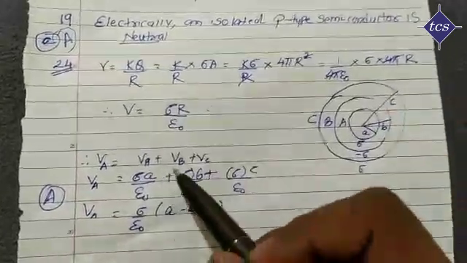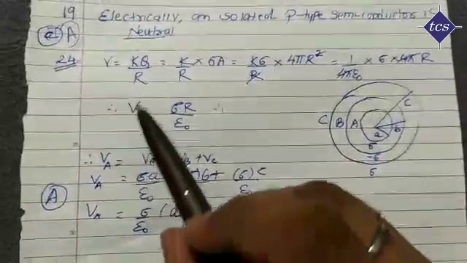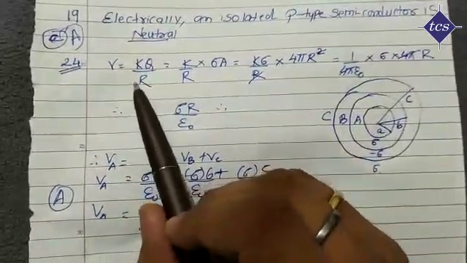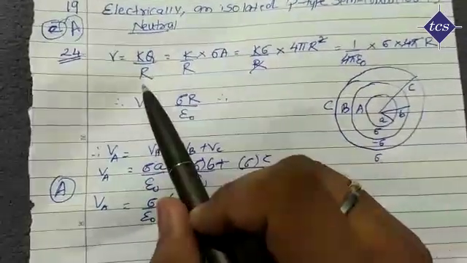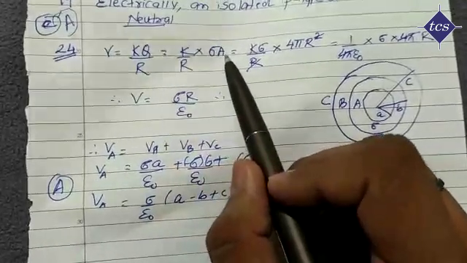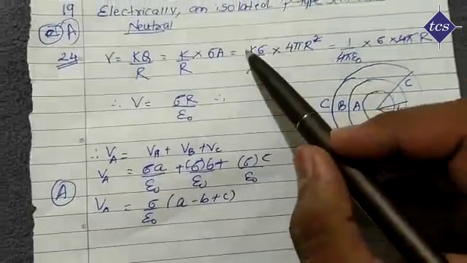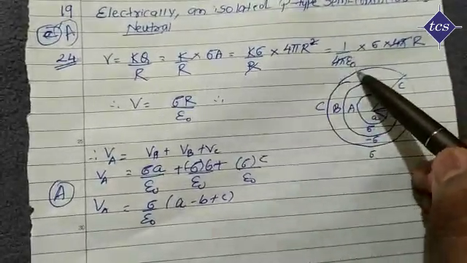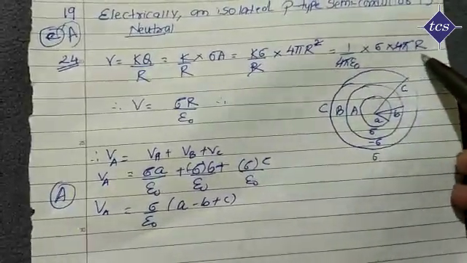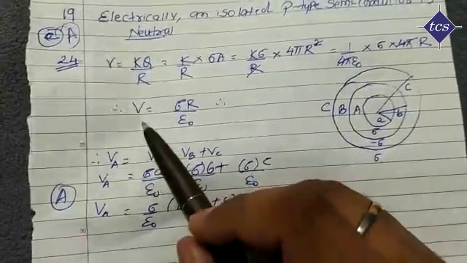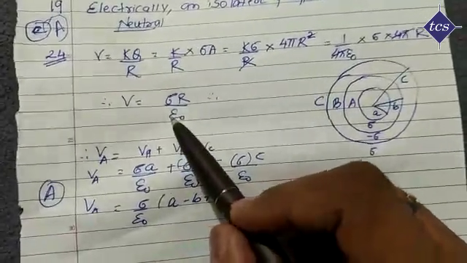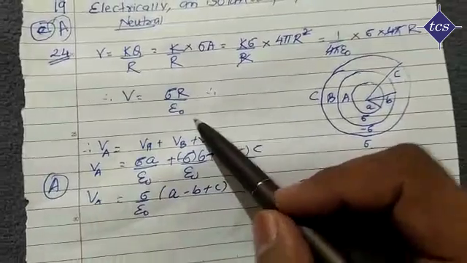But what is the potential formula in terms of surface charge density? We know that potential on the surface of a shell or sphere is given as kq by r, but charge can be written as sigma into area, and the area of a shell is 4 pi r square. Taking k equal to 1 upon 4 pi epsilon 0 into sigma into 4 pi r square by r, 4 pi cancels. So potential in terms of surface charge density will be sigma r upon epsilon 0.